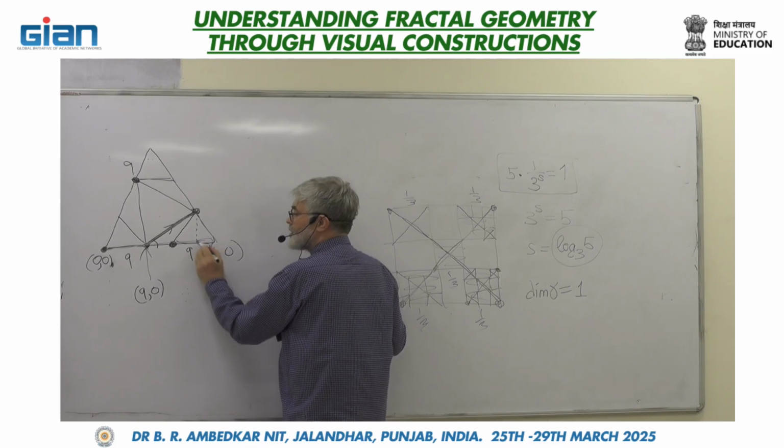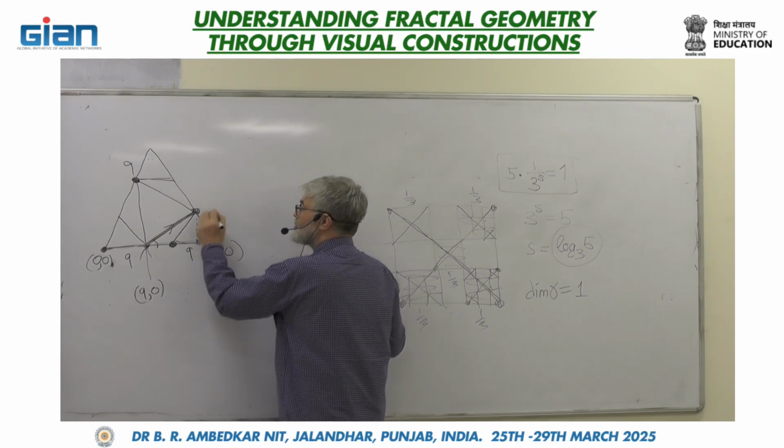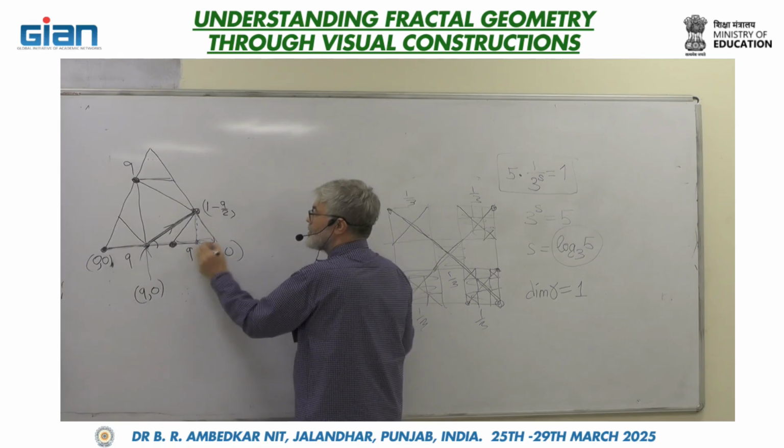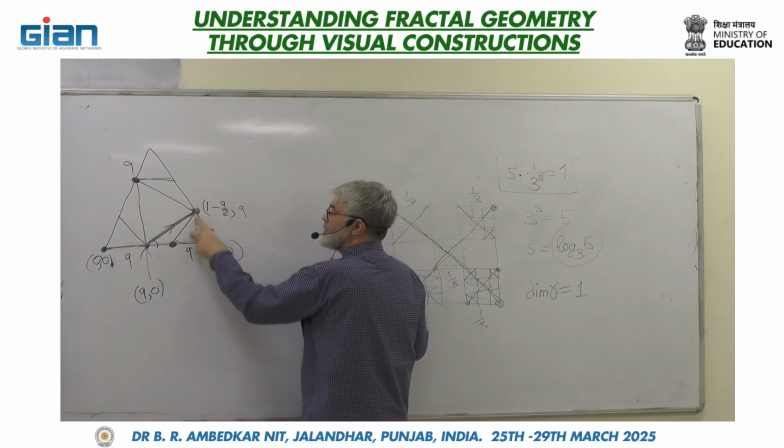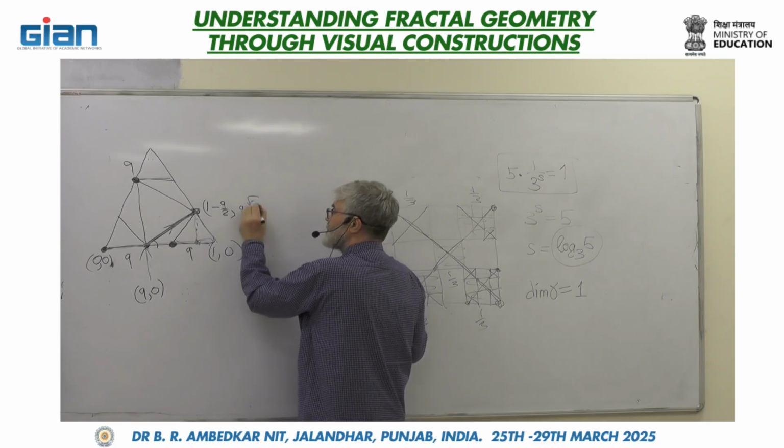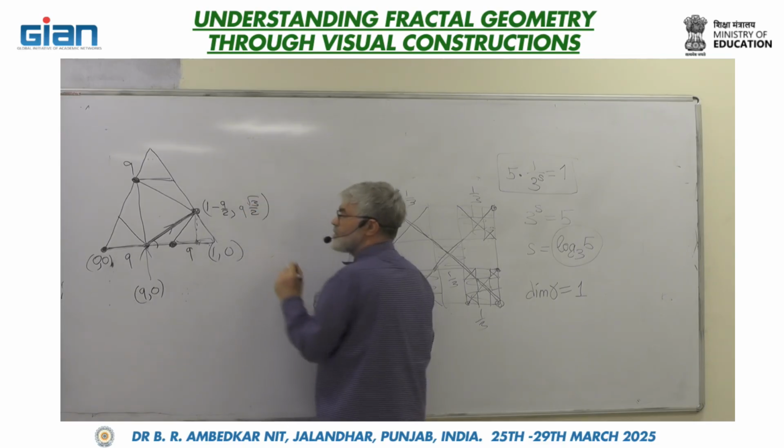This is Q divided by 2. So first coordinate is 1 minus Q divided by 2. And second, Q square root of 3 divided by 2. Right?